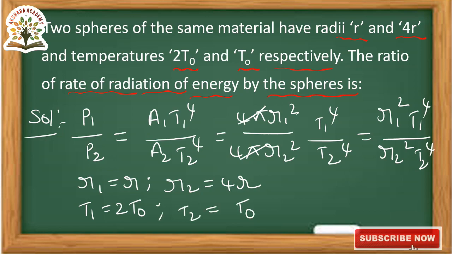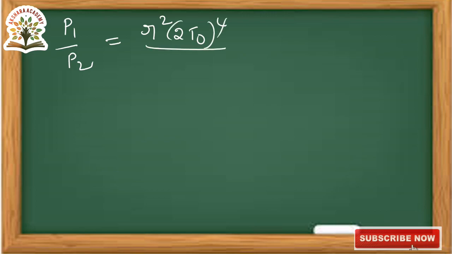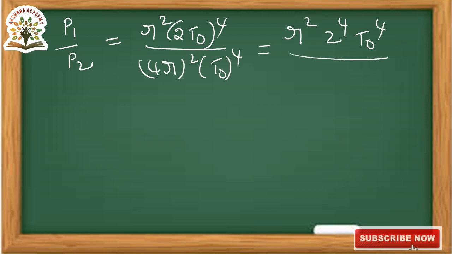Substituting R1, R2, T1, T2 values in the above expression, we get P1 by P2 is equal to R square into 2 T naught whole to the power of 4 by 4R square into T naught whole to the power of 4. That equals R square, 2 power 4, T naught power 4 by 4 square R square T naught power 4.